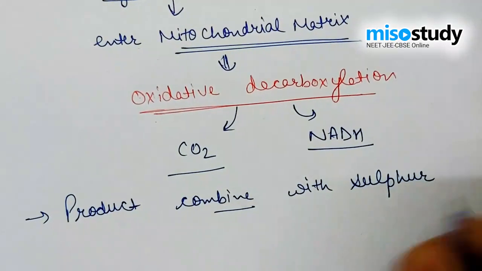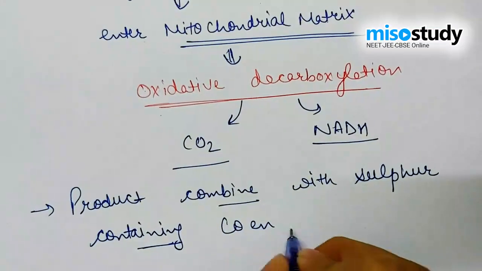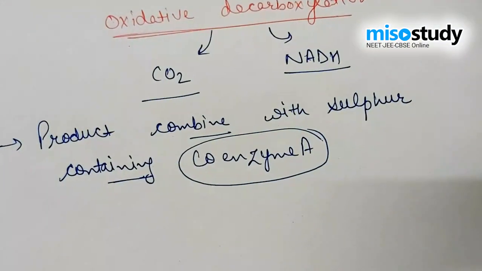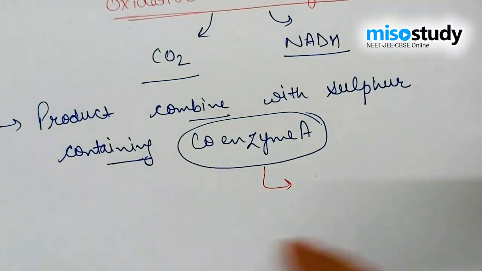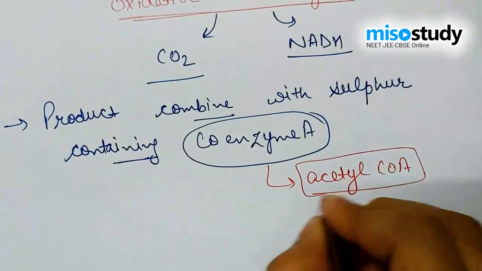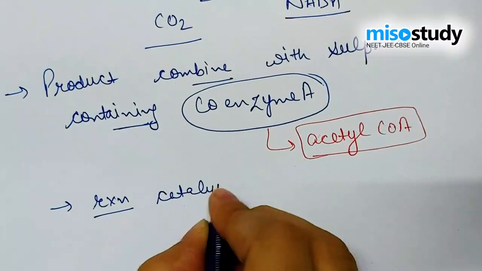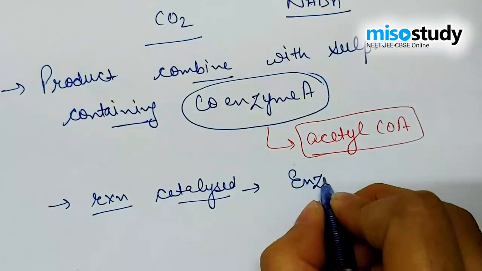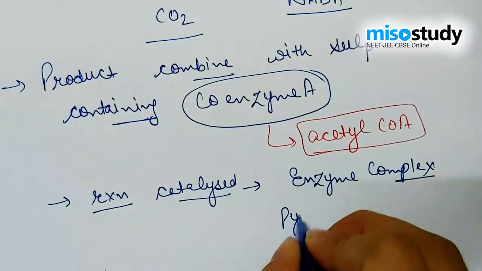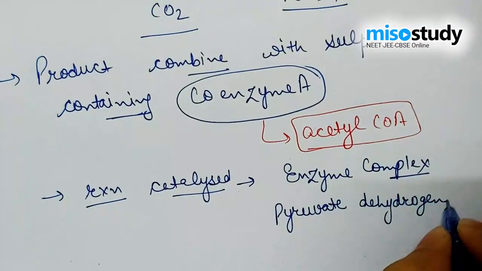with sulfur containing coenzyme A to form the acetyl coenzyme A. The reaction is catalyzed by an enzyme complex named pyruvate dehydrogenase.